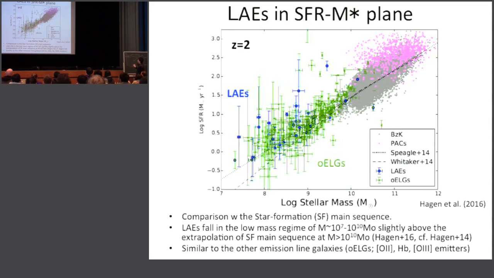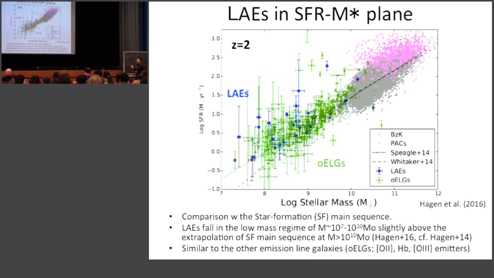If you compare this with the Lyman-alpha emitters shown with blue points, they follow near the extrapolation of the main sequence. Many of the Lyman-alpha emitters are a little bit on the upper side, in other words, showing burst mode.